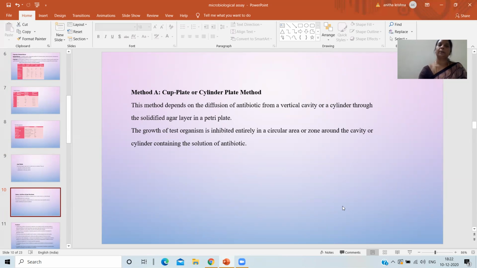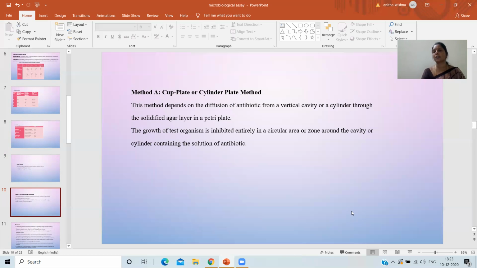The cup plate method depends on the diffusion of antibiotic from a vertical cavity or cylinder through the solid agar layer in a Petri plate. So you make a cylinder or cavity, put your solution in it, and see how much it diffuses.